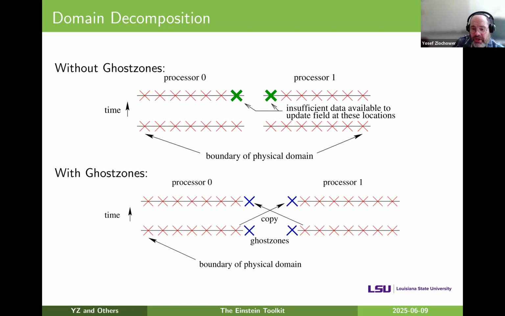But that update is communicated so that when processor 0, for example, needs to do an update, it's going to have correct information in this ghost region, and then it can update this point here. And then processor 1 has an extra point as well, and again, it can do its update. Then this updated point can be copied over, and similarly, this updated point can be copied over. And that's how you fill in the ghost zones.